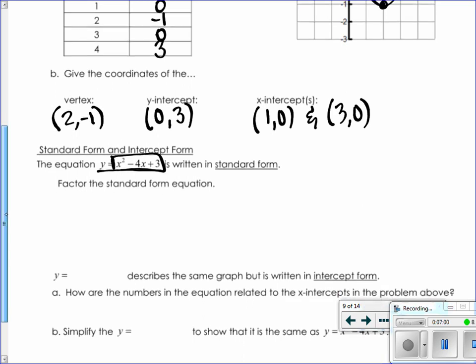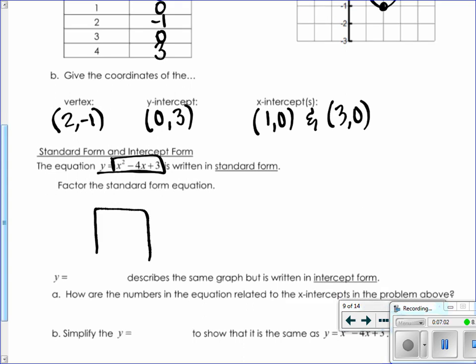If I want us to factor that. First term in the first box, last term in the last box. Numbers that multiply to give you 3, but what else do they need to do? Add up to -4. So what are those going to be? -3 and -1. So -x and -3x.